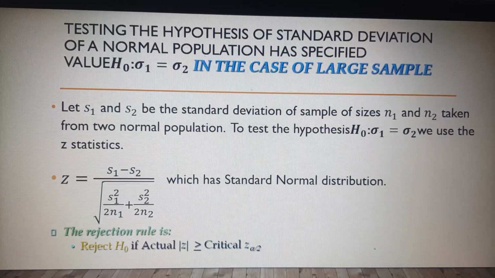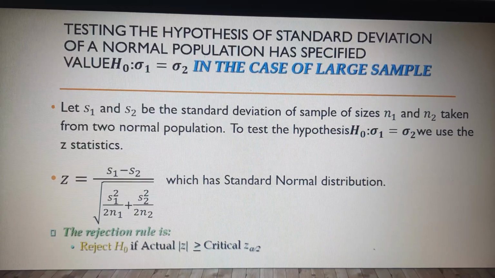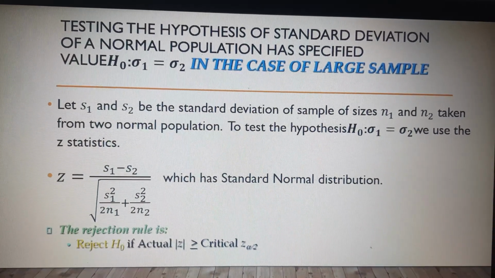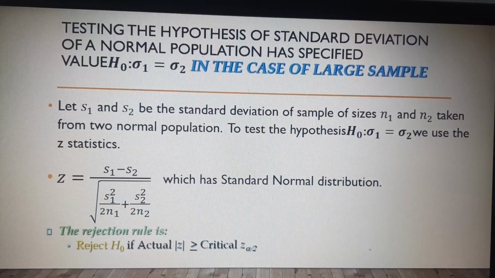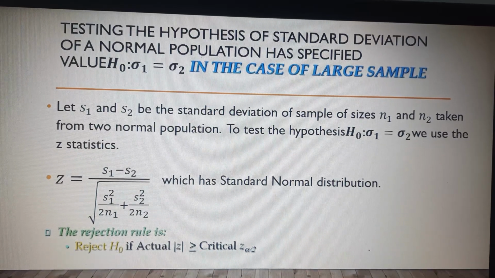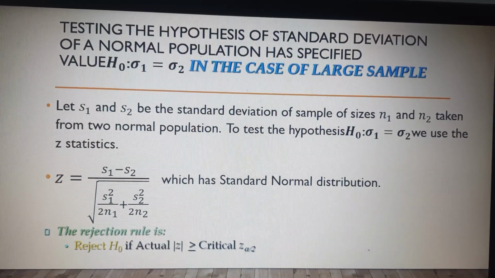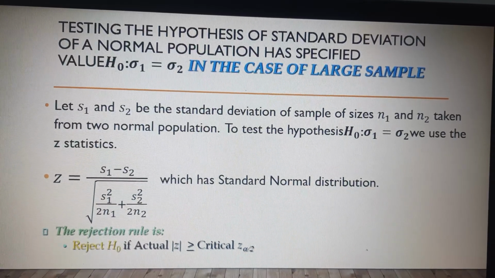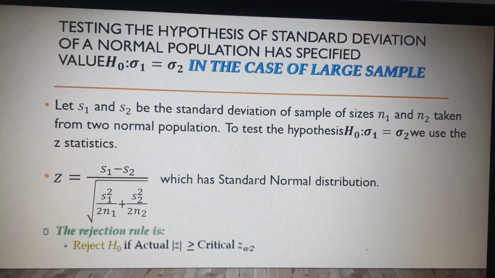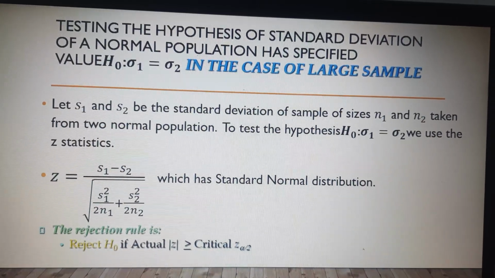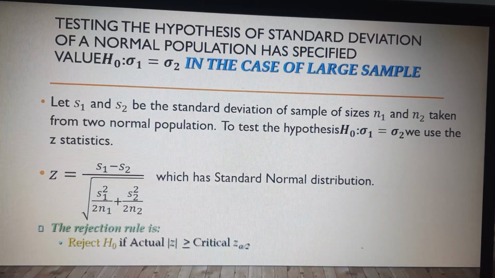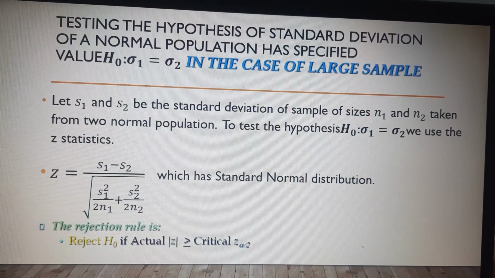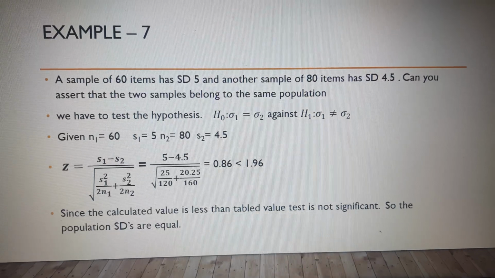In this case, we use the Z statistic, Z equal to S1 minus S2 divided by root of S1 squared by 2n1 plus S2 squared by 2n2, which has standard normal distribution. And the rejection criterion is: reject H naught if actual absolute Z is greater than critical Z alpha by 2 obtained from the normal table. An example is provided.